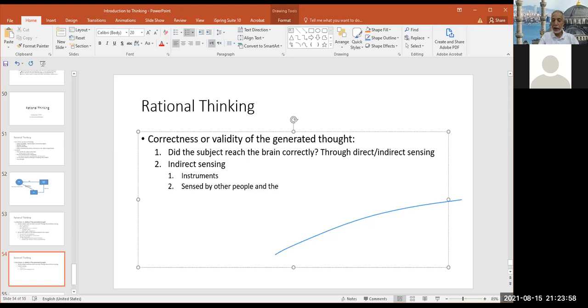And the people who sense the object or the subject describe what they have sensed.